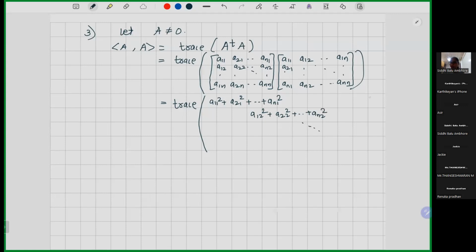And it will go on like this. And the last entry, the n comma nth entry, will be A1n square, A2n square, and so on up to ANN square. Let me write.